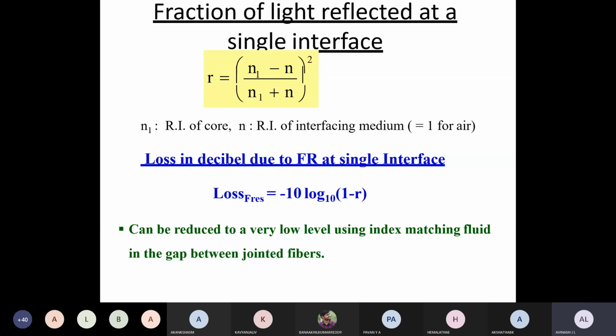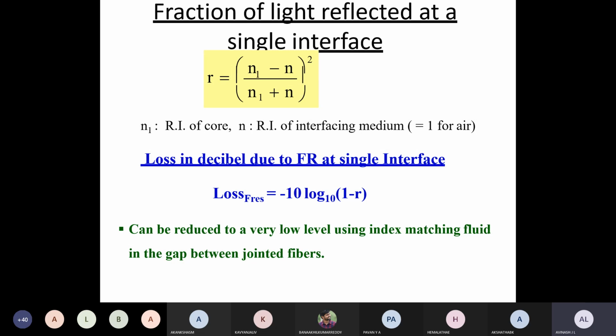Air is considered as refractive index n, and the glass fiber core as refractive index n1. If you take water or something else as the interfacing medium, then the refractive index varies, but when taken as air, it is equal to 1.